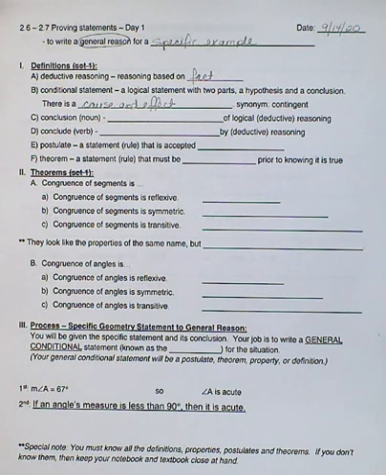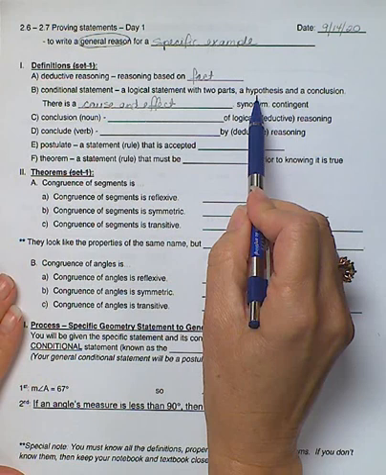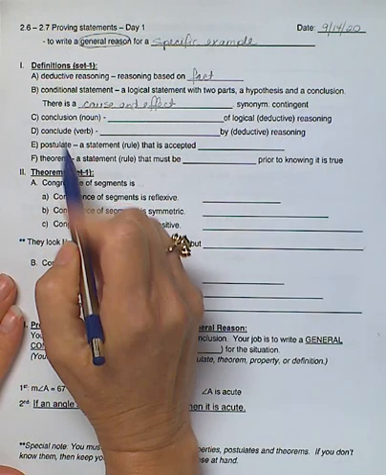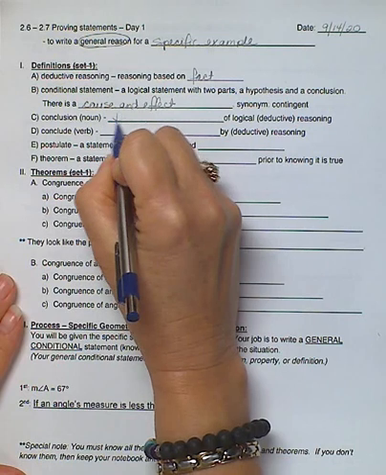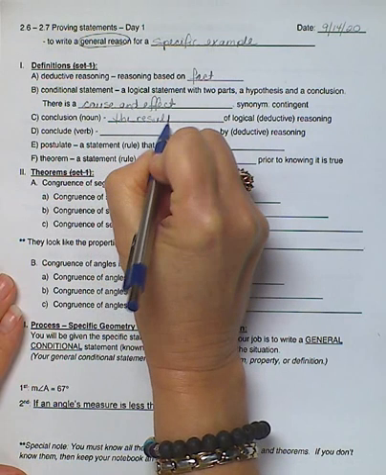It's very common that a conditional statement is written in if-then form, but it isn't always. We're going to practice if-then as much as we can, though. So a conclusion, because remember, a conditional statement has a hypothesis and a conclusion. A conclusion is the result of logical reasoning.